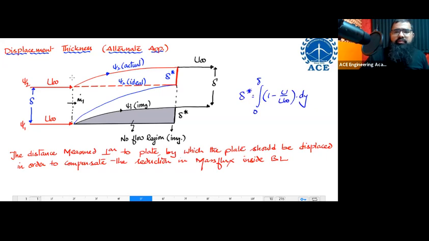The plate should be displaced down. If mass flux is moving up, the plate should be displaced down for mass flux to move at its actual level.